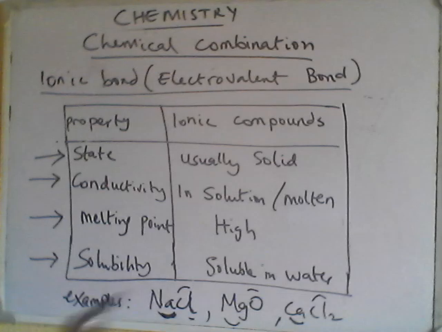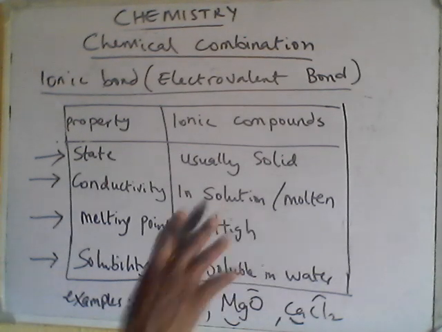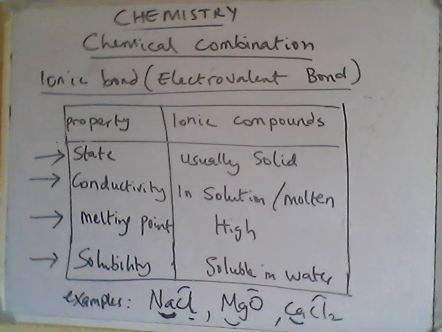When you see them combining, the left extreme where you have the metals and the right extreme where you have the halogens and the non-metals, then an ionic bond or electrovalent bond is formed. So note these properties, examples, and how it's formed.